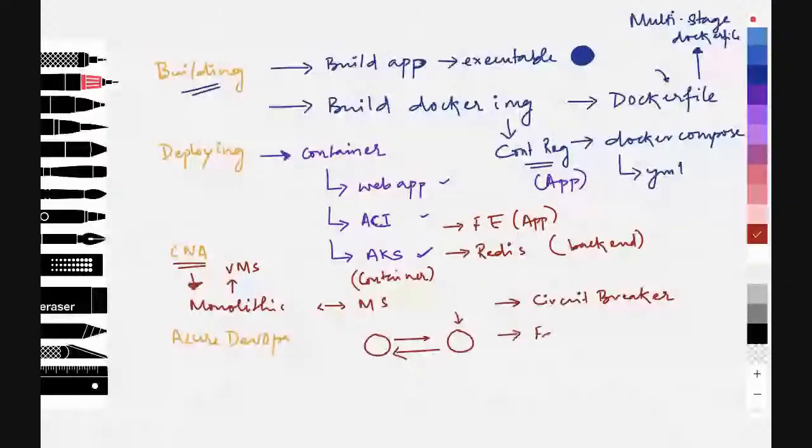So a lot of things have to be thought about when we are architecting a cloud native application. It's not just making the application smaller in size and deploying and managing it.